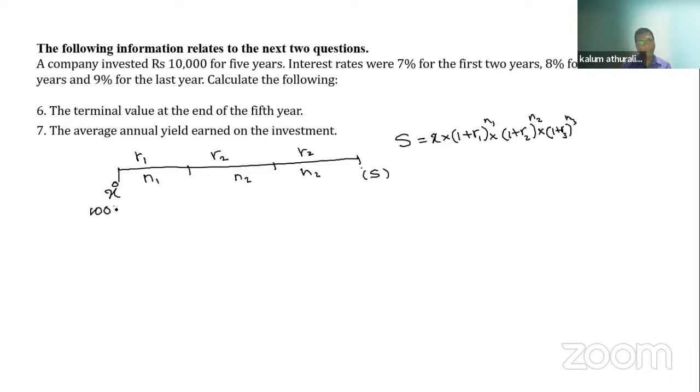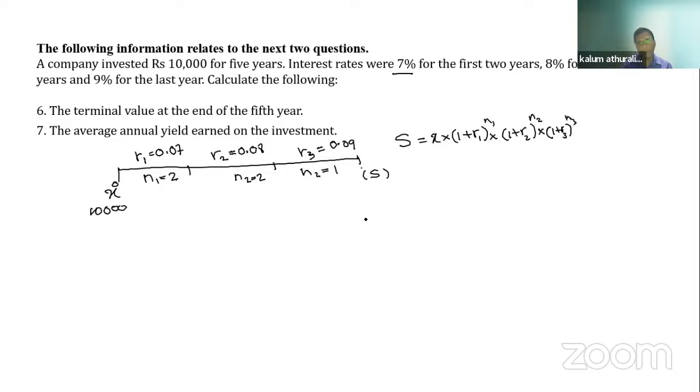R1 is 7%, 0.07. Number of years 2. Then second one R2 is 8%, 0.08. N should be 2. Here R3 equal 0.09. Time period is 1 year.